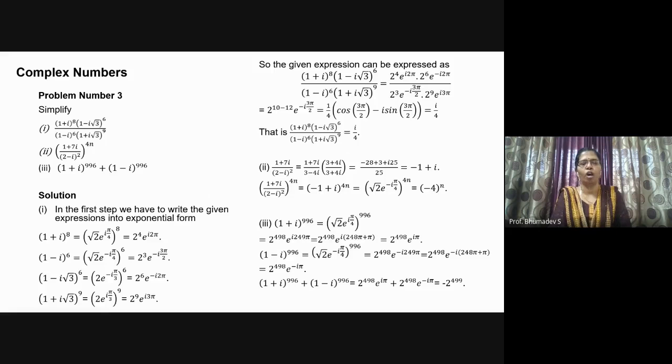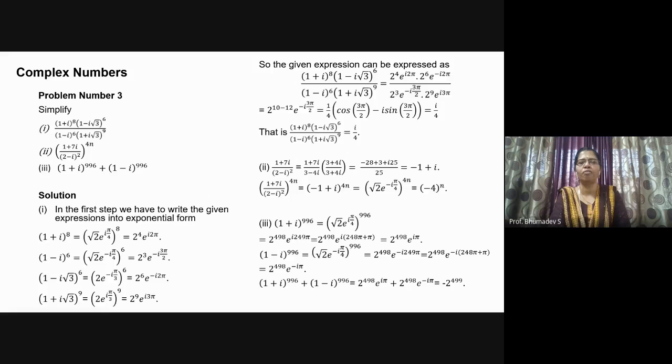So substitute all these things in the given term. Everything should be written in the form of exponential, and take the powers of e. For the power of 2, considering 10 minus 12, we are having 2 to the power of minus 2, which is 1 by 4. Then considering the power of e, only minus 3 pi i by 2 is left out.